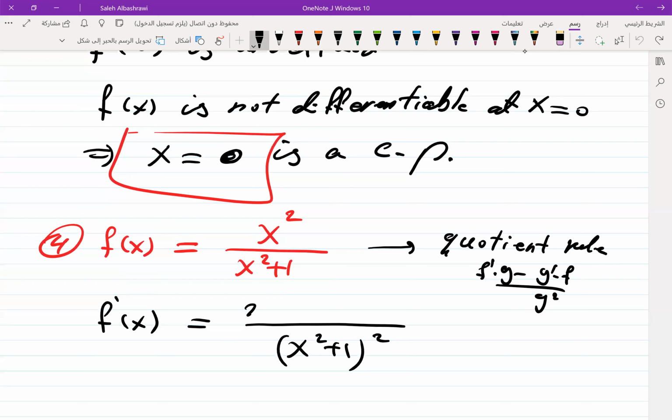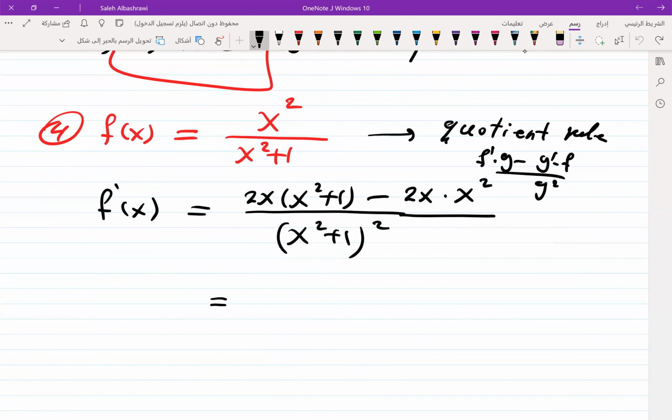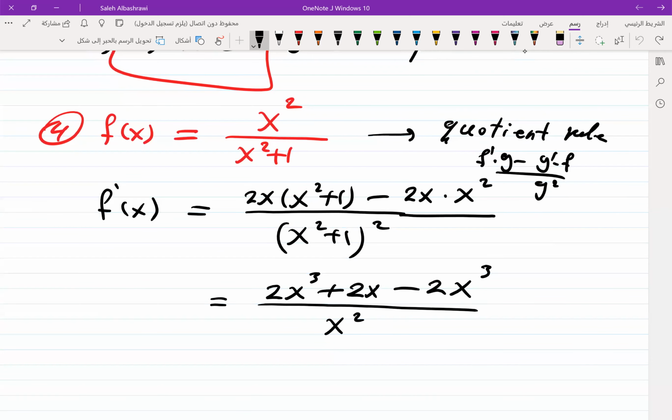Now f prime is 2x multiplied by x squared plus 1 minus the derivative of the denominator, which is 2x, multiplied by x squared. Simplify it. I will have 2x to the power 3 plus 2x minus 2x to the power 3 divided by x squared plus 1 to the power 2.